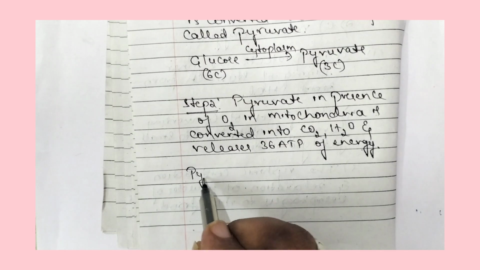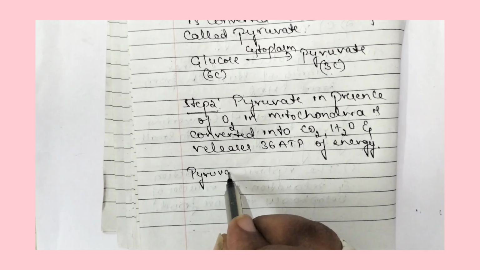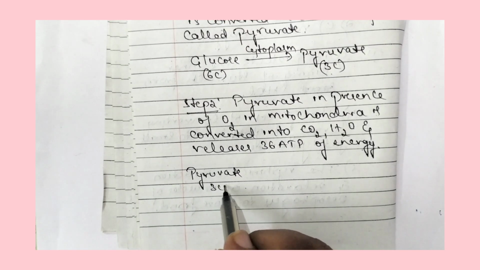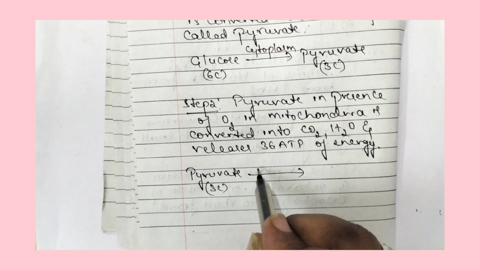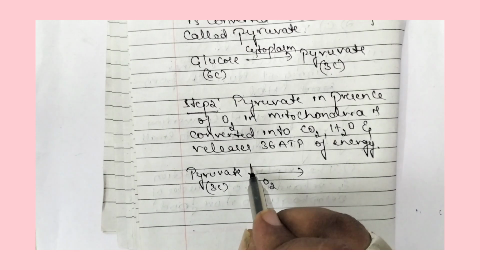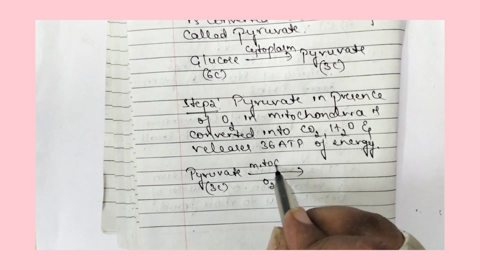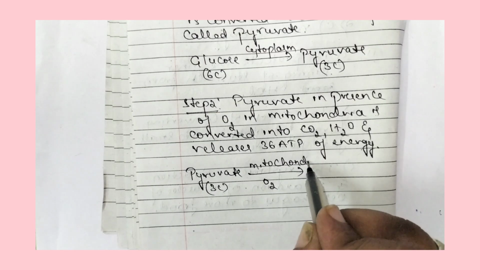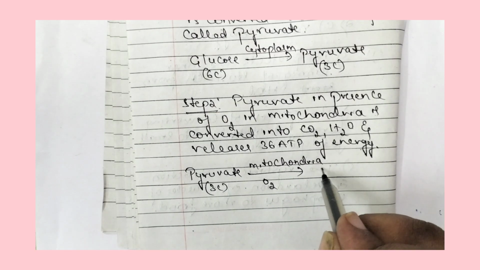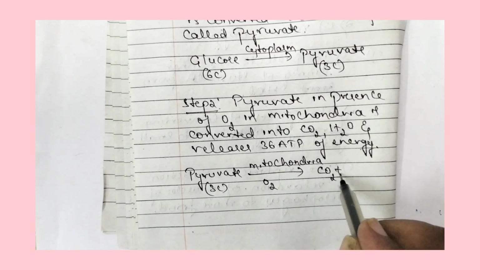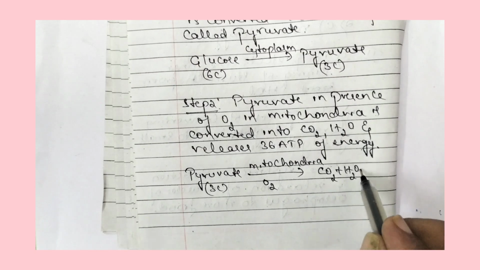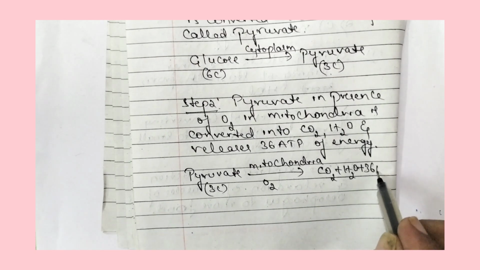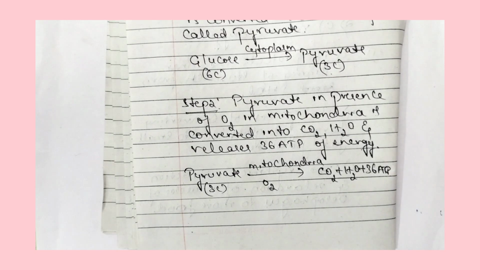So pyruvate, which is a 3-carbon compound, in presence of oxygen in mitochondria, is converted into carbon dioxide, water, and releases 36 ATP of energy.